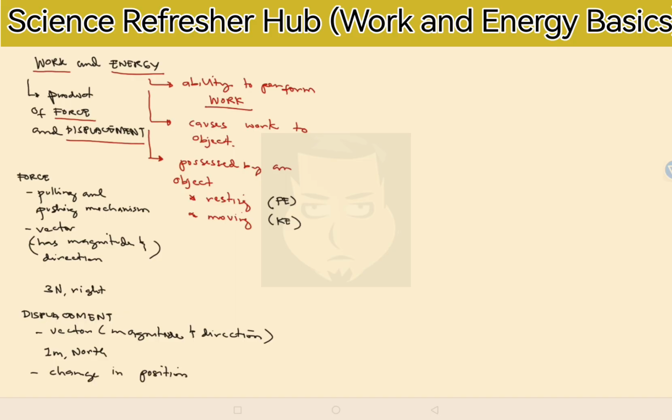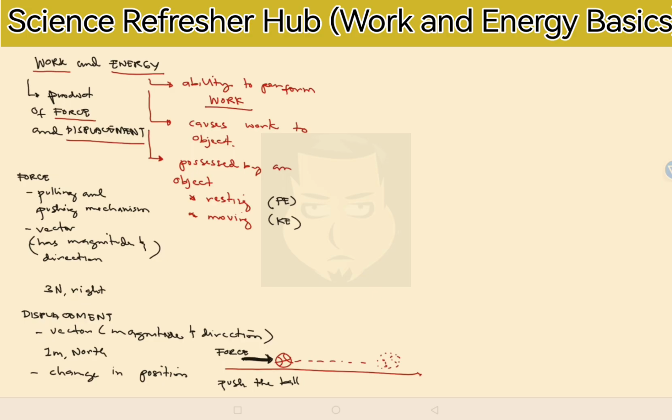We have a ball on the ground and then we have a force. Force is represented by arrows. That's the force being applied to the ball. And once there's a force, like you push, the ball will begin to accelerate.